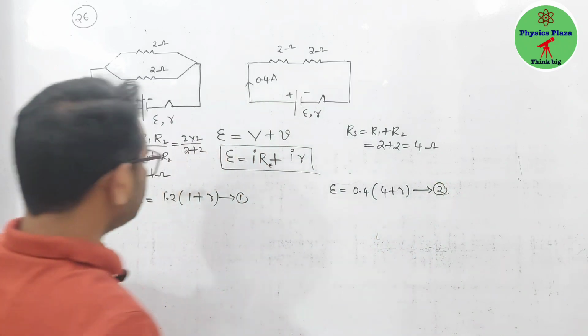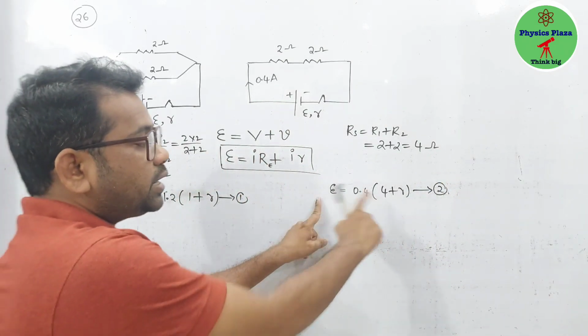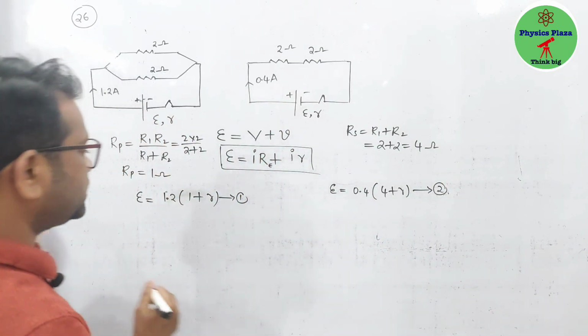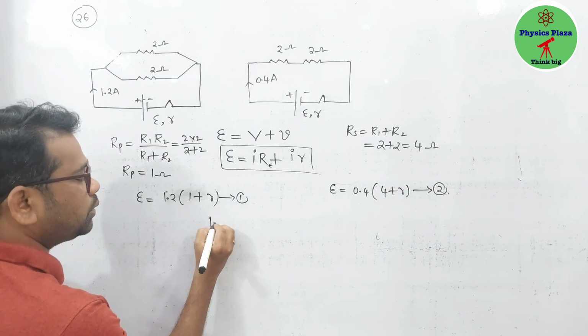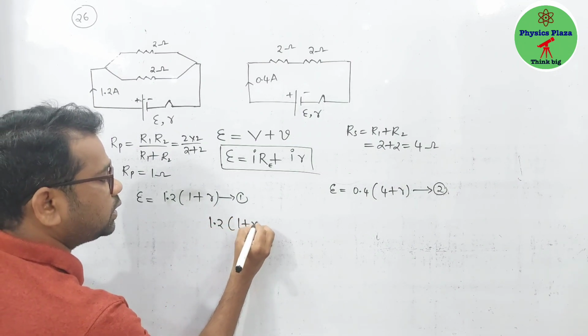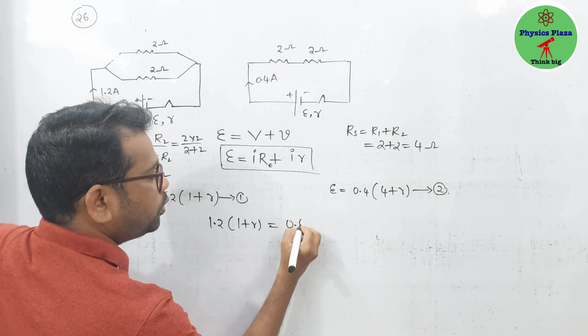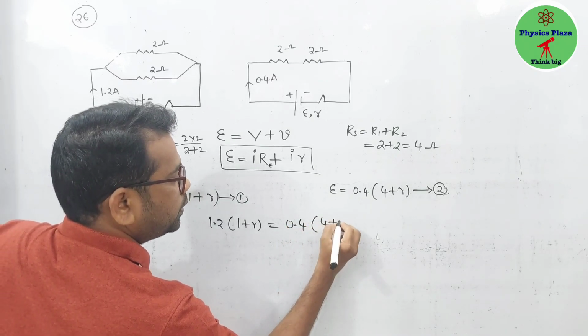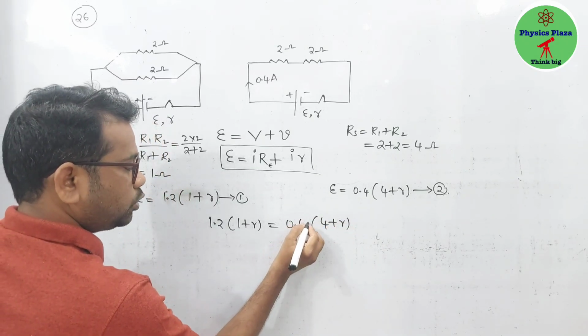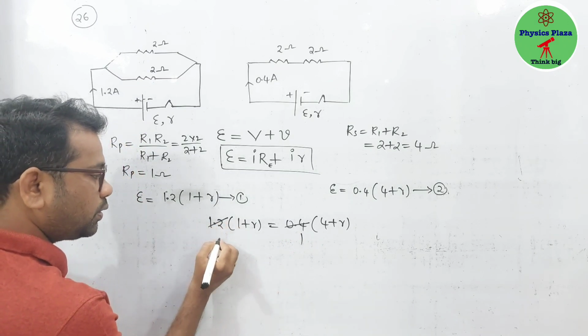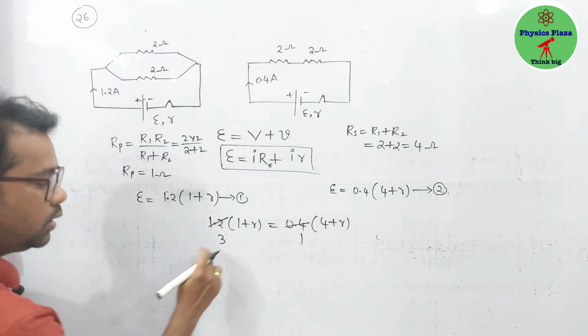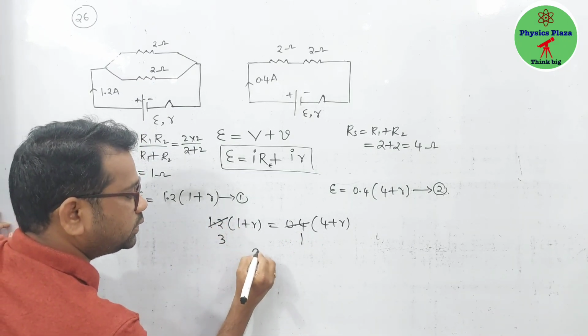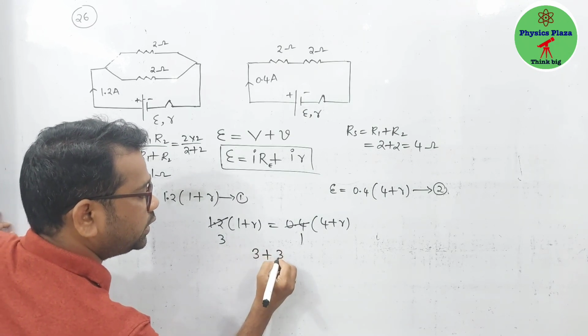From these two equations, as LHS are equal, RHS can be equated. So 1.2 into (1 plus r) is equal to 0.4 into (4 plus r). Now with the 3 you can multiply. 3 ones are 3 plus 3 into r, 3r.